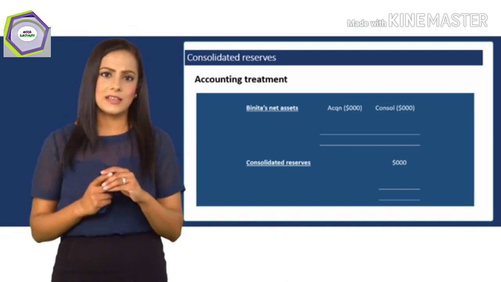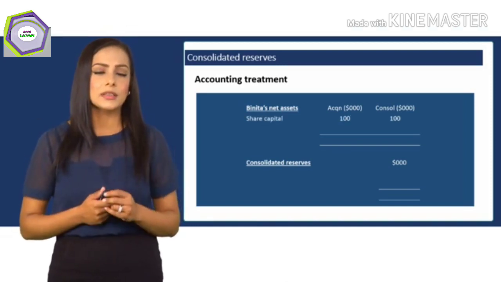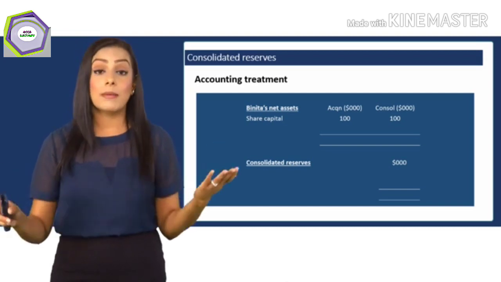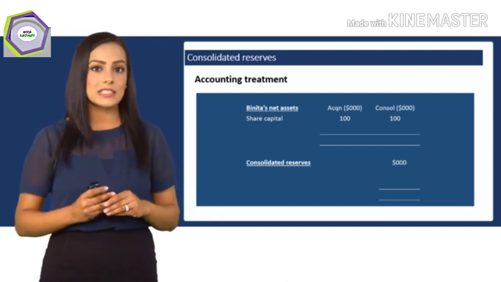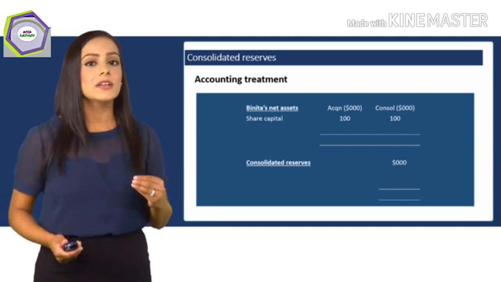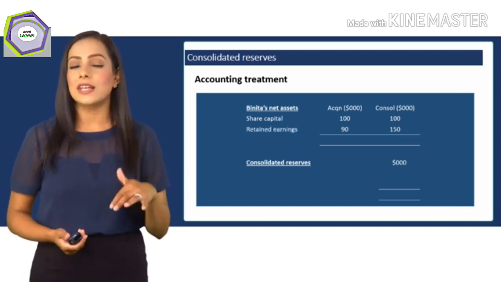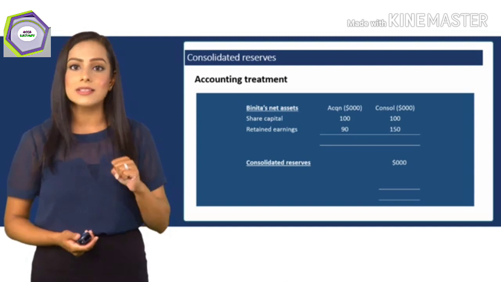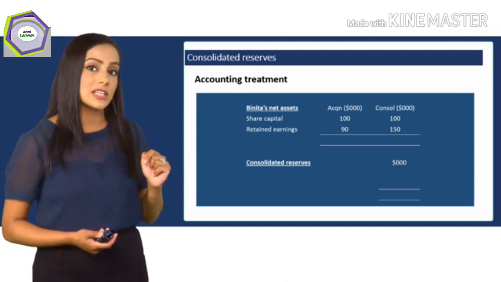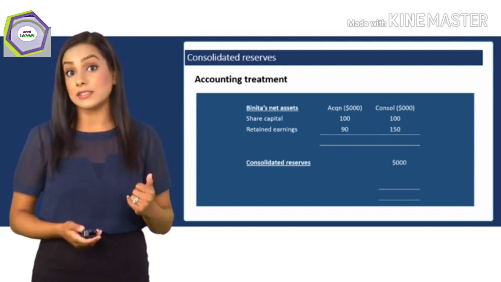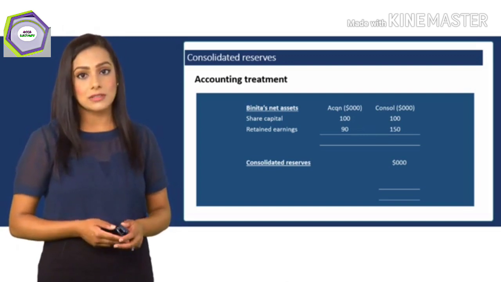But for this particular example, the share capital is 100,000. Remember, they're going to be the same at both points in time. And the retained earnings figure is also given in the scenario. The retained earnings at acquisition were 90,000, and the retained earnings at consolidation, shown on the SFP, is 150,000.